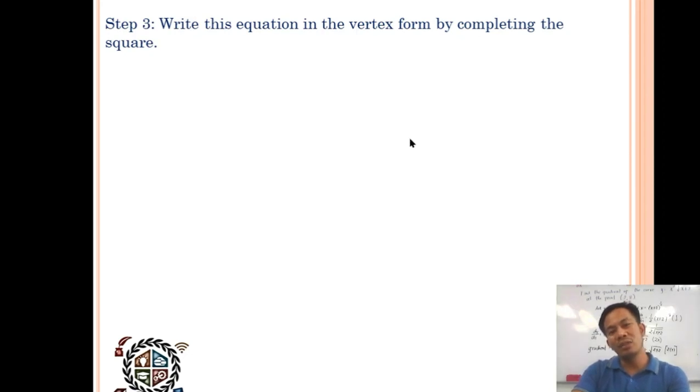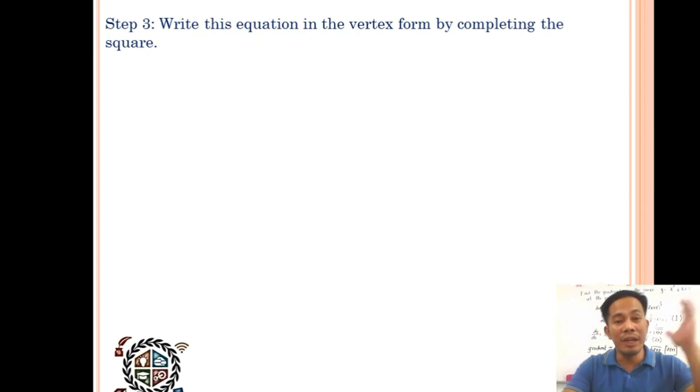One thing that you can do also is write this equation in the vertex form by completing the square. Kasi, pag kinumplete po natin ang square dito, okay, you can get what kind of parabola is the quadratic equation, quadratic function.